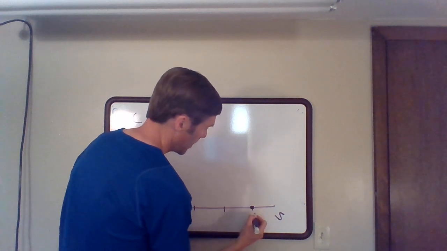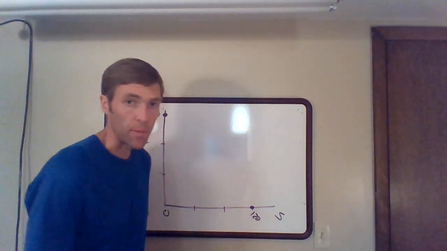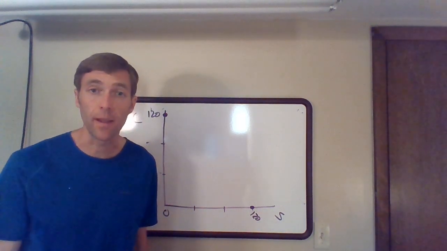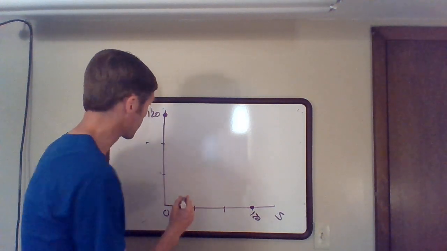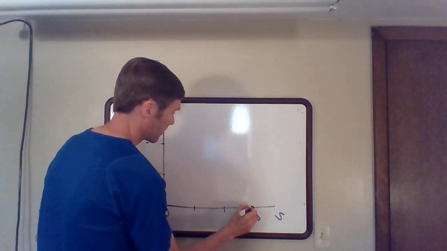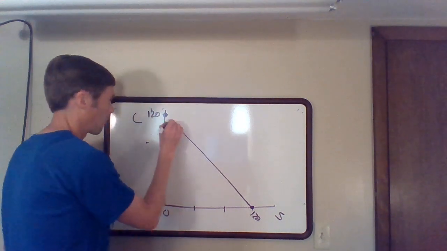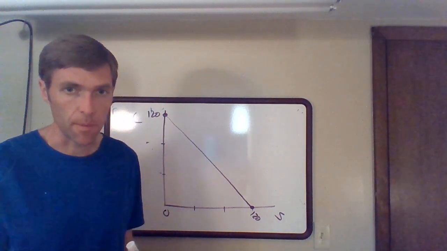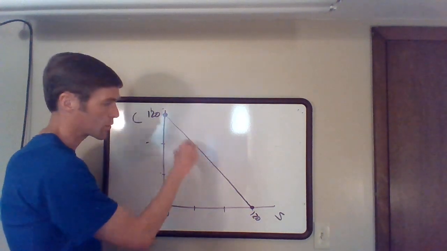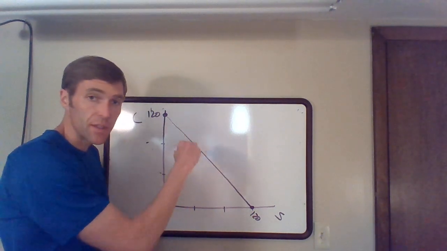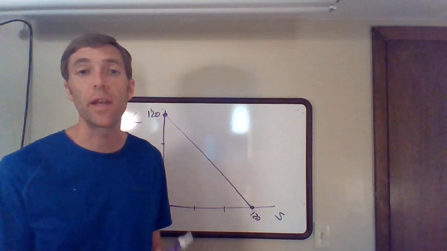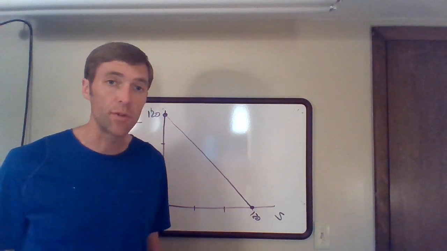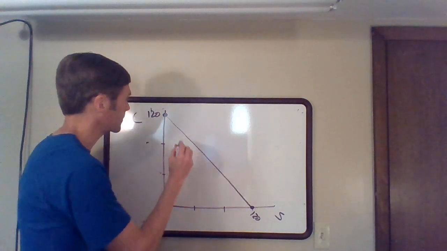And if we only planted soybeans, we could plant 120 acres of soybeans and 0 acres of corn. Or any linear combination between them. And of course, the trade-off of this is 1-to-1. Every time I give up an acre of corn, I get an acre of soybeans in return.